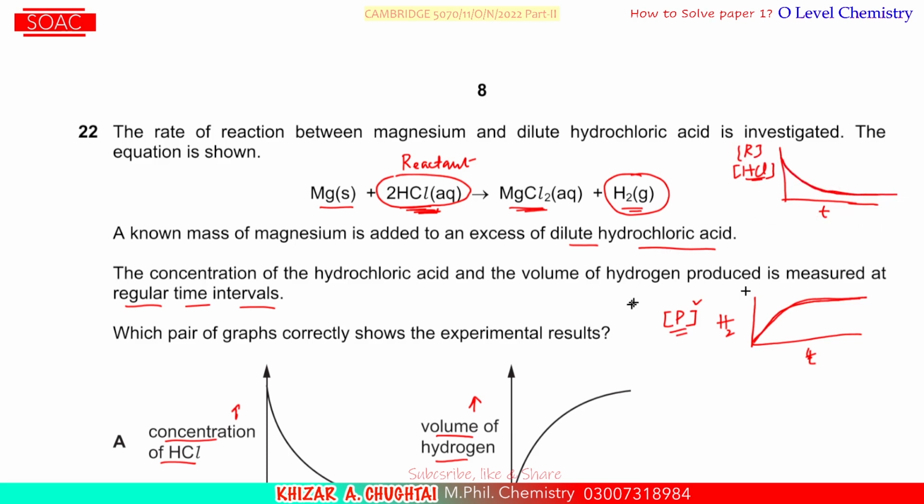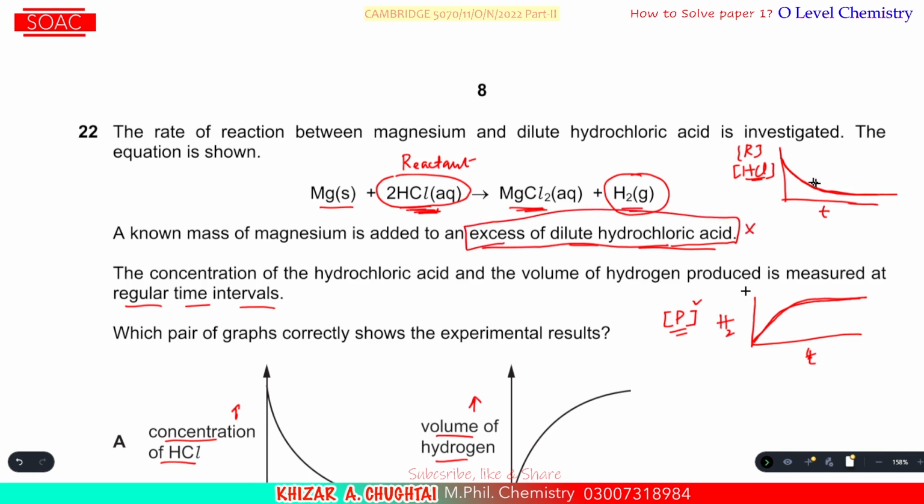In this case, a known mass of magnesium is added into excess dilute hydrochloric acid. So HCl is in excess. Its line should be above the x-axis. It must not touch the x-axis. I mean, this line must be above the x-axis at any stage, at any concentration.